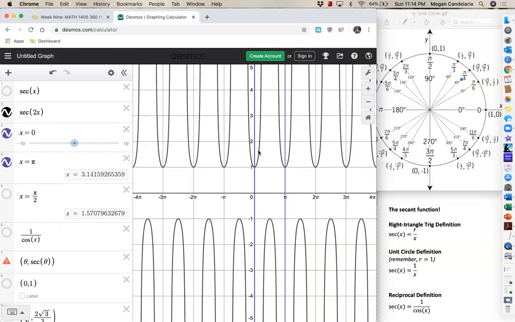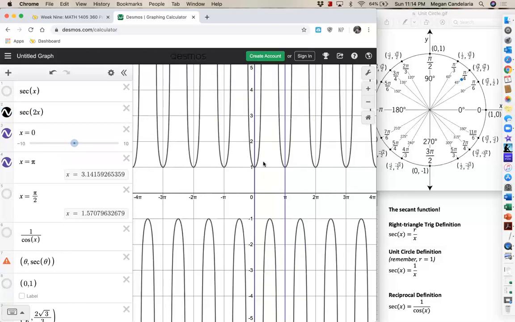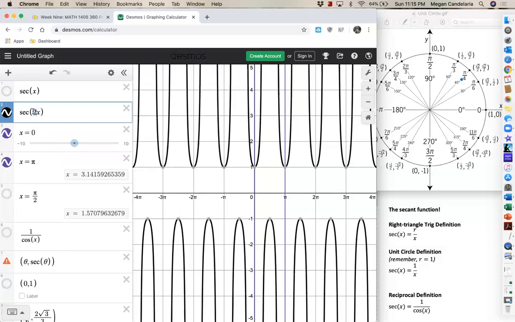It's just split in half. We've got the right half here and the left half here. So just like all the other things we've done, to find the period of secant, we're going to take the original period, 2 pi, and divide it by our horizontal multiplier, in this case 2. All right, that's secant. We're going to look at cosecant, and then we're going to do some examples of graphing these using transformations.